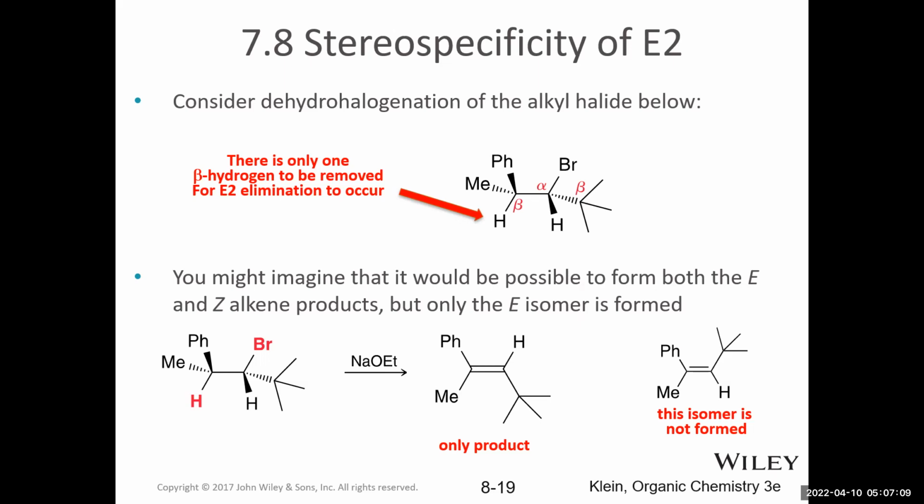So one specific stereoisomer is formed and the other ones are not formed. So that's why it's called specific. How will you know whether or not you are dealing with a substrate that is going to have a stereospecific outcome in terms of the formation of the product being either E or Z, but not both?